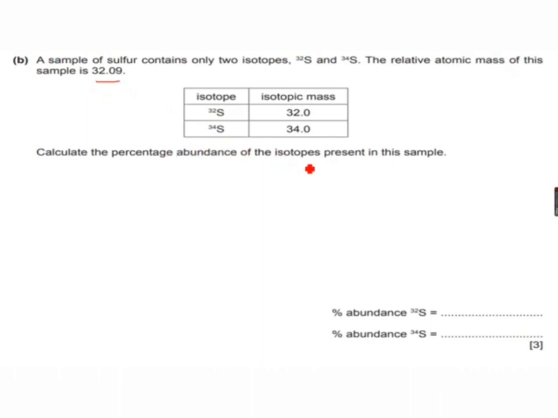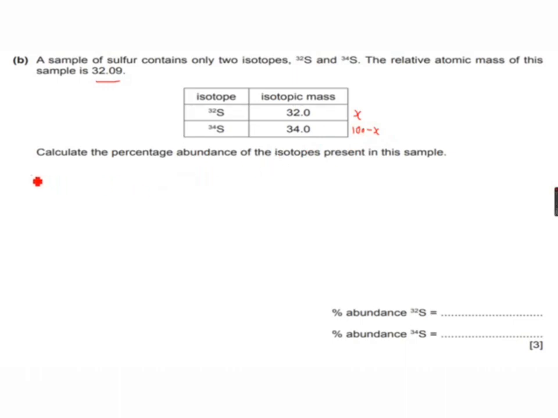Calculate the percentage abundance of the isotopes present in the sample. So we don't know the percentage abundances, so we can take this as x, and we know that there are only 2 isotopes. So the percentage abundance of this isotope will be 100 minus x, because it has to add up to 100. So x plus 100 minus x adds up to 100.